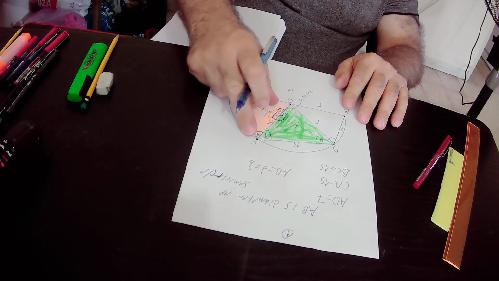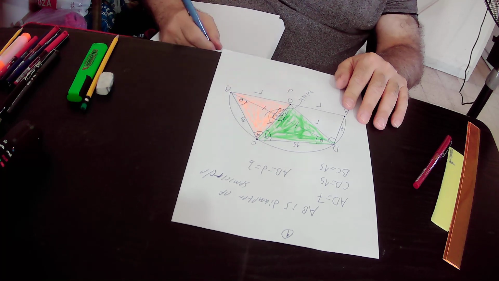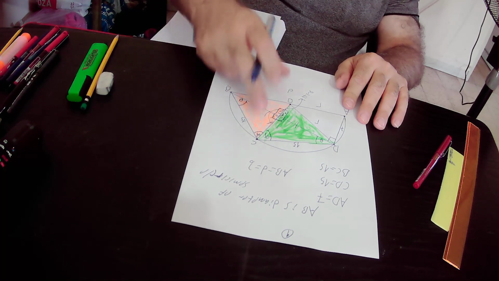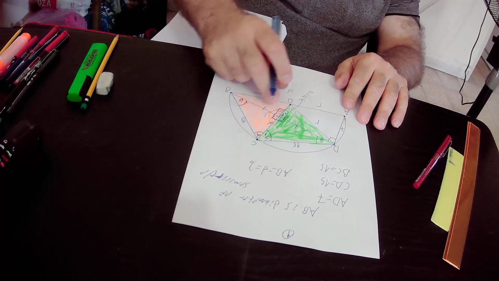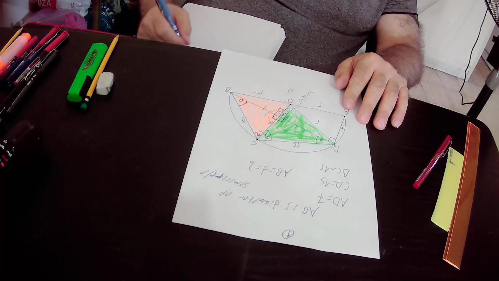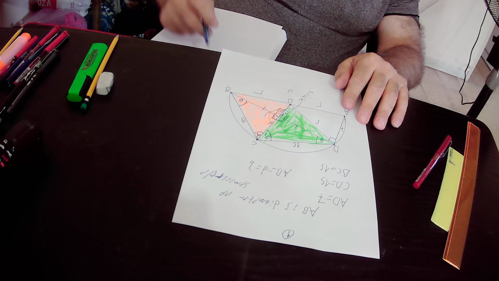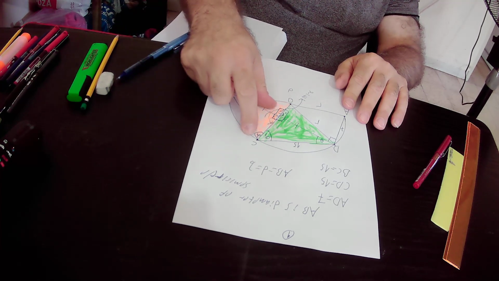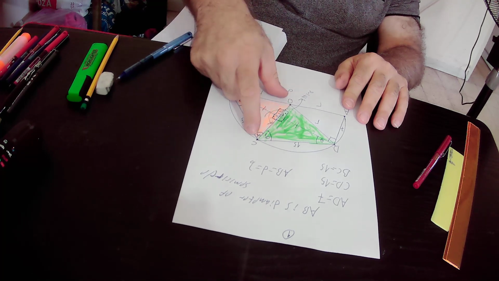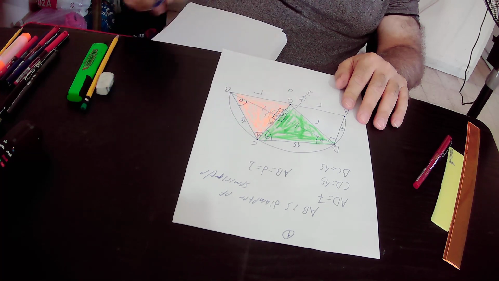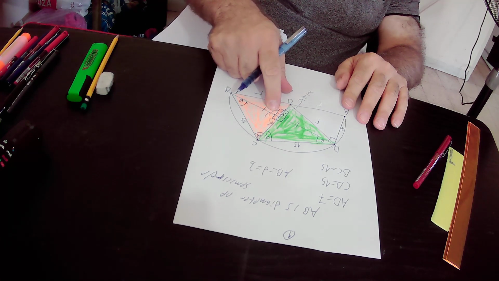So what is the value of EC? EC will be equal to OC minus OE. OC is the radius, because O is the center, so OC is the radius of the semicircle, minus OE. We have already found out that OE equals 7/2 units.